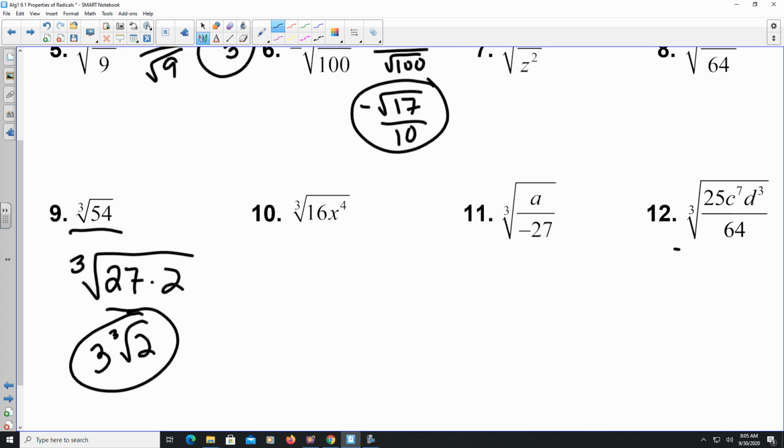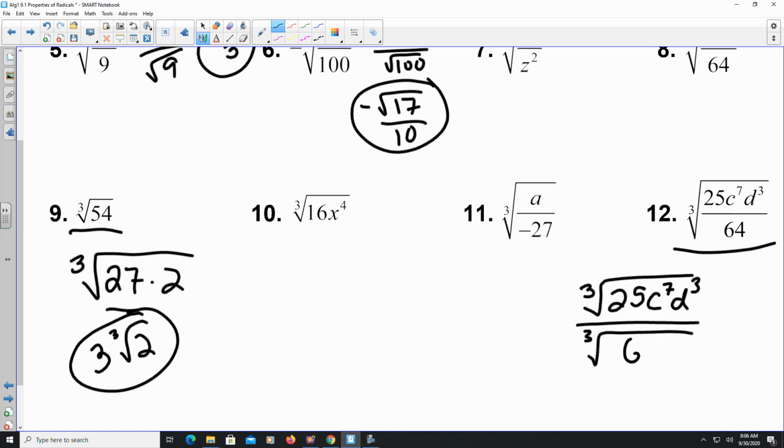If we looked at 12 here, the first thing I'm going to do is break this up into the cube root of 25 c to the 7th, d to the 3rd, all divided by the cube root of 64.